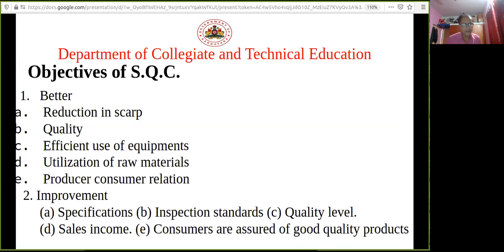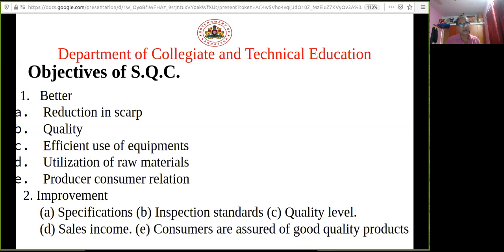So when you think about using statistical quality control tools, as you know, we are using tools like sample inspection and acceptance sampling. They are the tools we use for inspection in statistical quality control. When we use these techniques, naturally there is a reduction in the scrap, because whenever the process goes out of control, the inspector immediately informs the operator that the process is not under control.